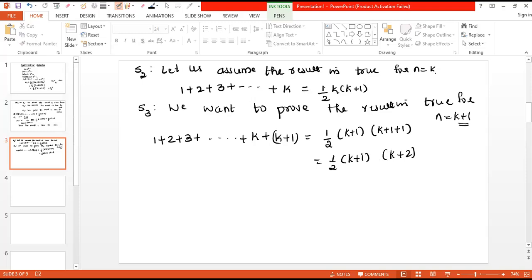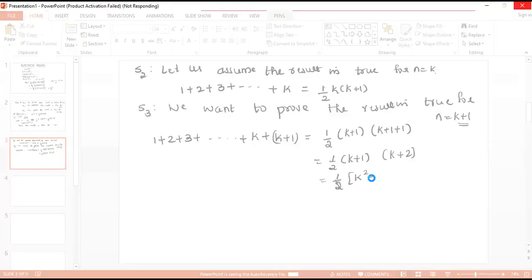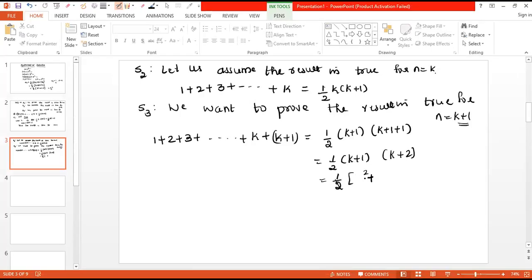If you simplify this further and multiply, this is k square plus 2k plus k plus 2. So when you simplify, it is simply half k square plus 3k plus 2. So this is actually your RHS. This is what we are getting in the RHS.